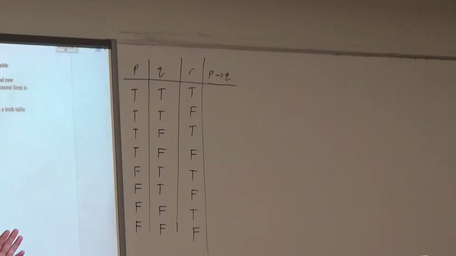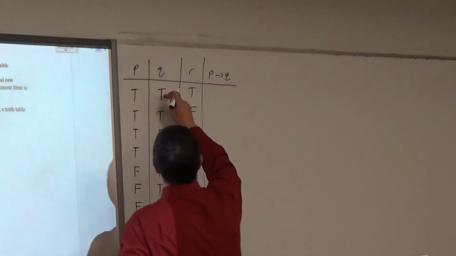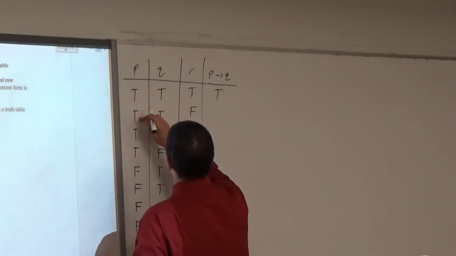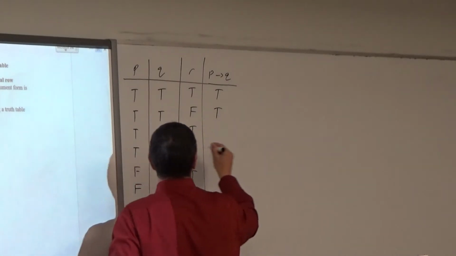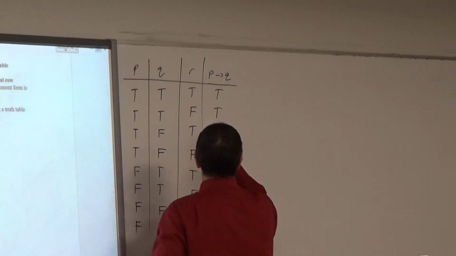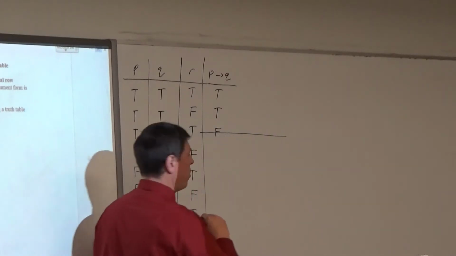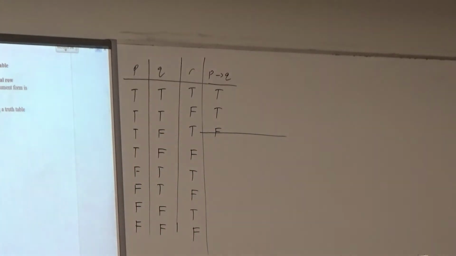So the only time that the if-then is going to be false is if you have true implies false. So true implies true, that's true. True implies false is false, which means we're done with that row. As soon as you get a false, it's not a critical row anymore. If it's not critical, who cares?